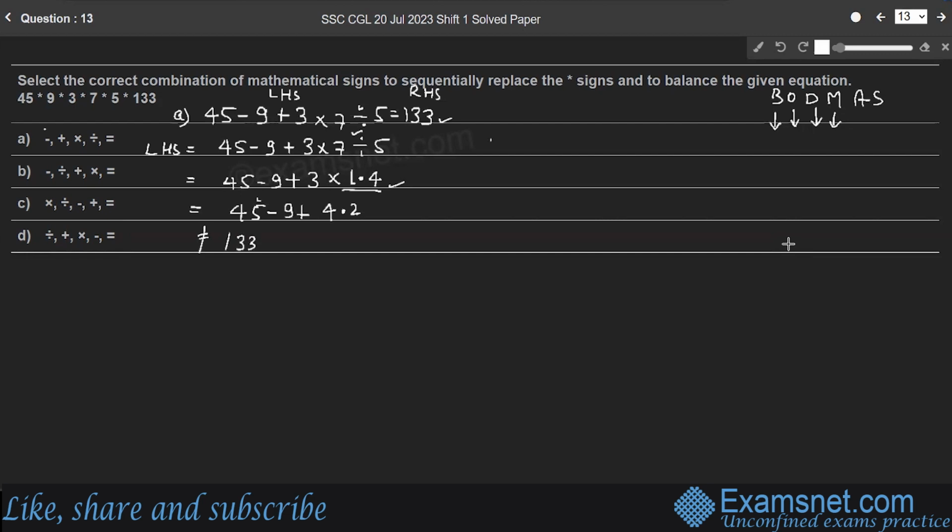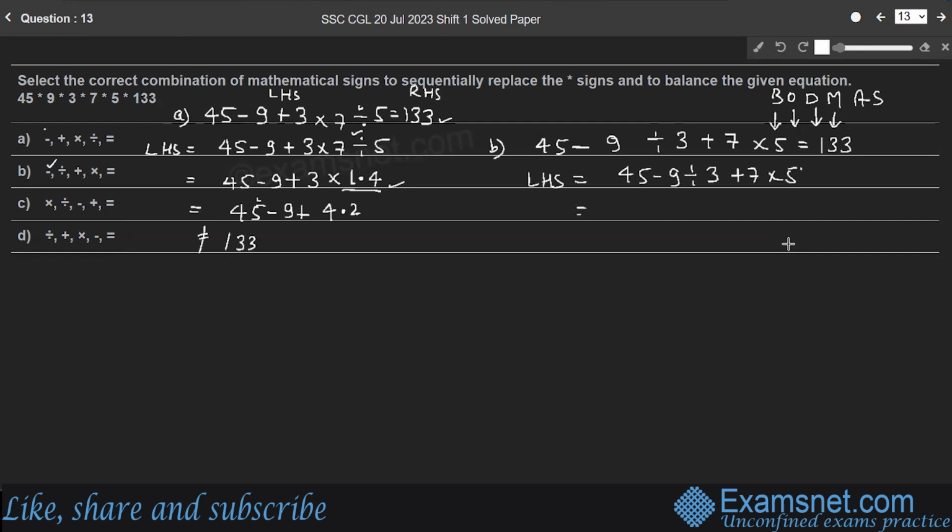So without wasting our time, let us consider option B. According to it, the asterisks become minus, and in this order: 45 minus 9 divided by 3 plus 7 into 5 is equal to 133. Again, let us check whether LHS is equal to RHS or not. Consider the left hand side part: 45 minus 9 divided by 3 plus 7 into 5.